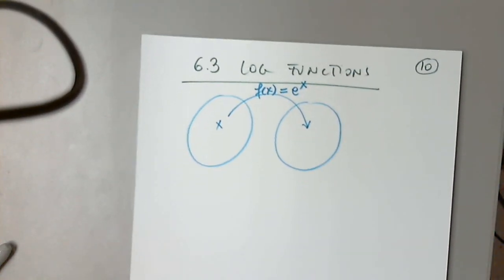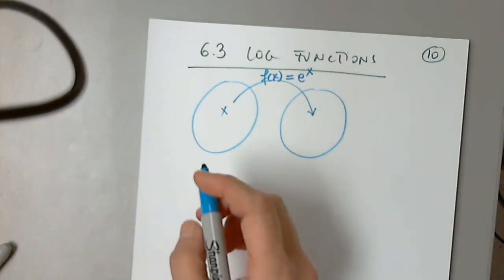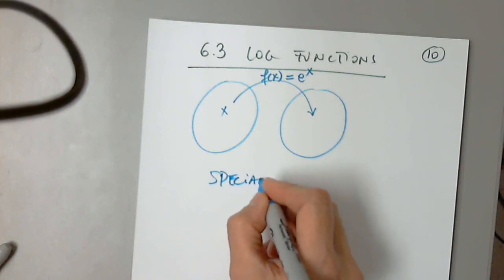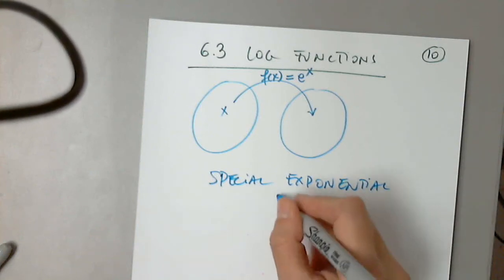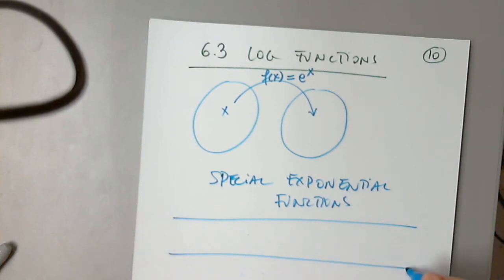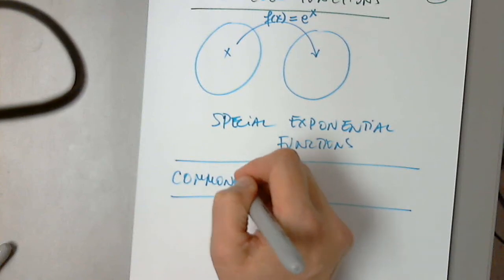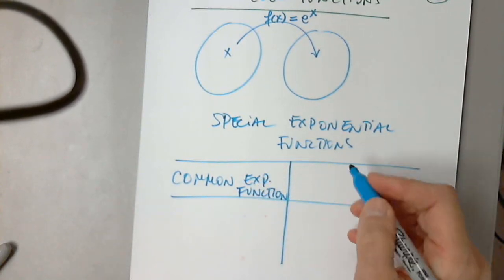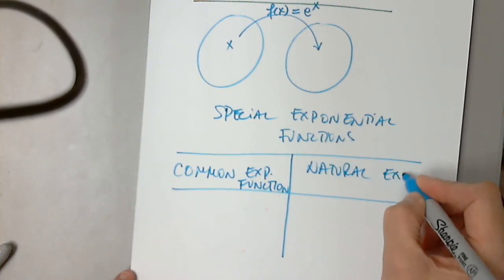Let's discuss that. Excellent. Before we talk about log functions, I want to discuss this. There are two special exponential functions. One is called the common exponential function, and the other is called the natural exponential function.